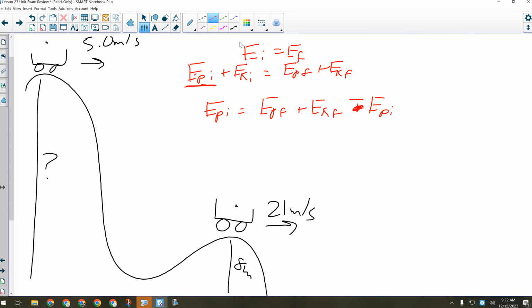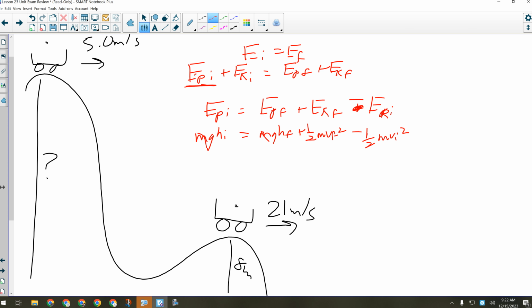Watch up here, please. So we got mgh_i equals mgh_f plus 1/2 mv_f squared minus 1/2 mv_i squared.